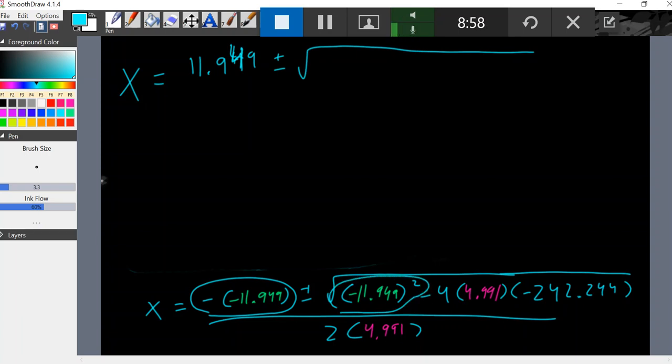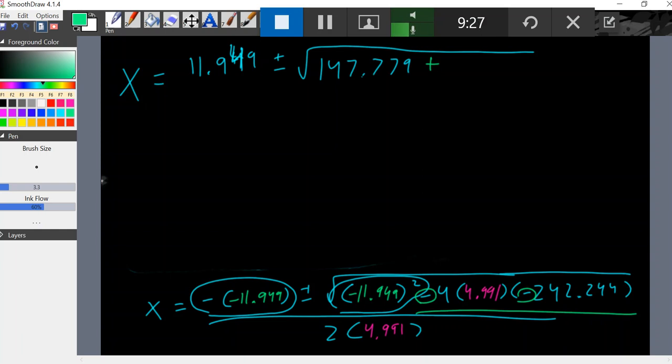So guys, grab your calculator. And remember, anything squared will always be positive, so 11.949 squared will give us 147.779. Now, whenever I'm going through these 3 terms, I like to count up my negatives at the start. I have 1, 2 negatives. A negative times a negative is a positive.